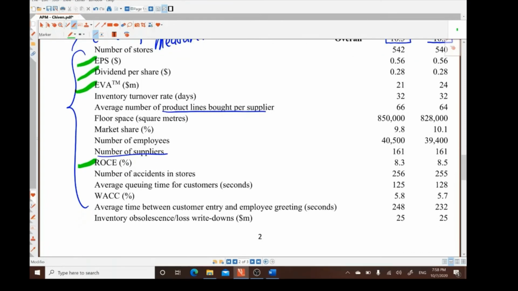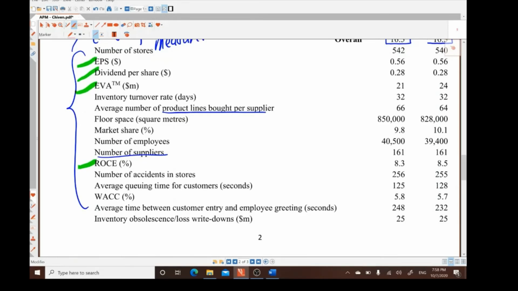If you refer back to your exam question here, you could actually see things like this. Now, what is it? Number one, we find that it was the one we mentioned just now: the number of product lines bought per supplier and the number of suppliers that we get to see in this case.